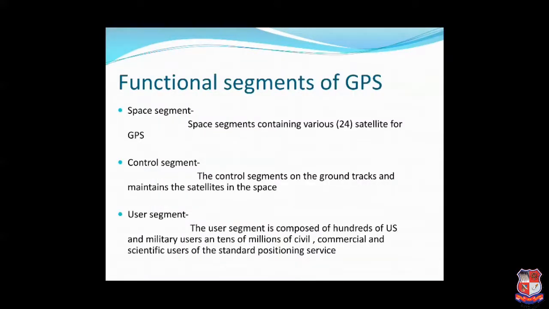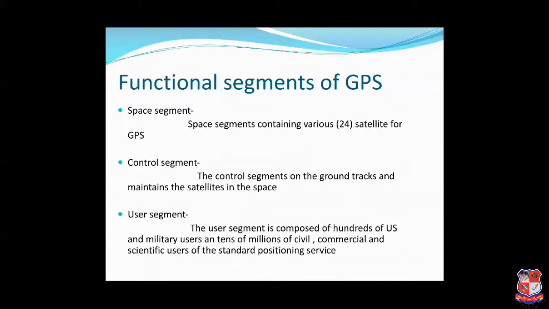So there are three main functional segments of GPS listed as below: space segment, control segment and user segment. In the space segment, there are various satellites for GPS use. In the control segment, it is on the ground, tracking and maintaining the satellites in space.